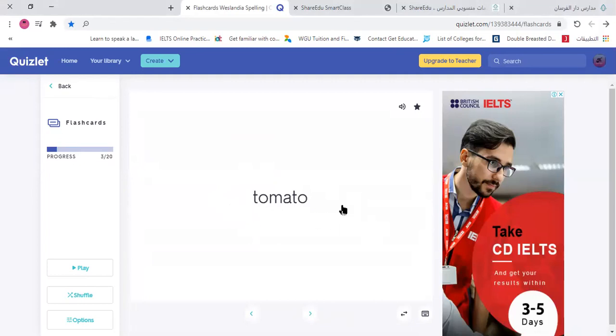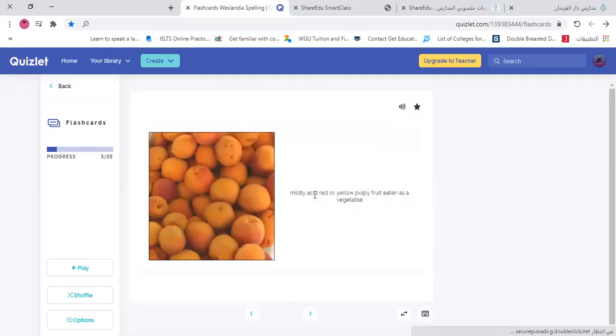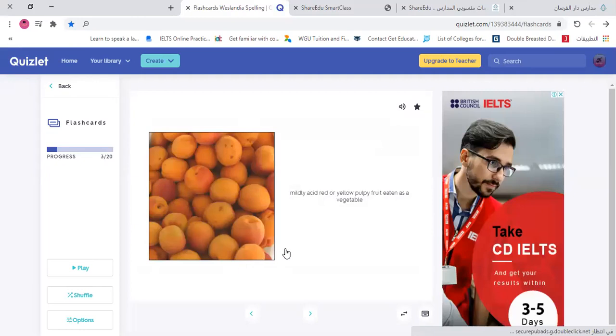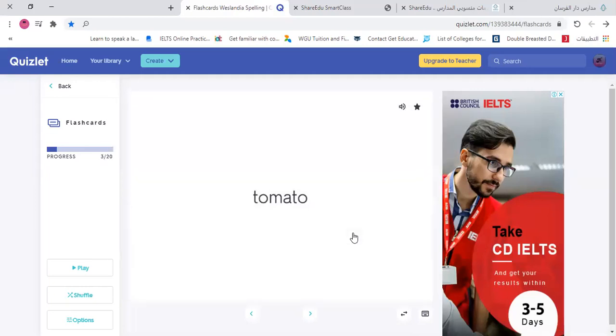Then we have the word tomato. What does tomato mean? Vegetables. Vegetables, excellent. Tomatoes, you know, the vegetables we have and we put on the salad.